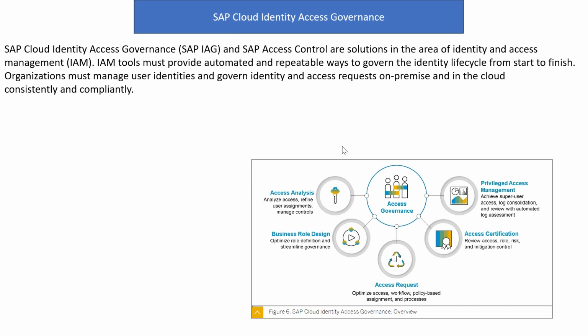Okay. So in GRC Access Control, we call it ARA. ARA will provide you the functionalities of the rule set. Along with the rule set, we can perform risk analysis at user level, role level, and profile level, and we have the mitigation concept. We also have the remediation concept.